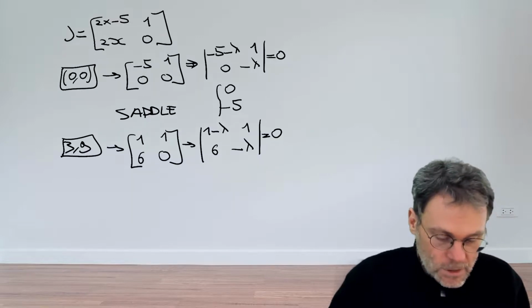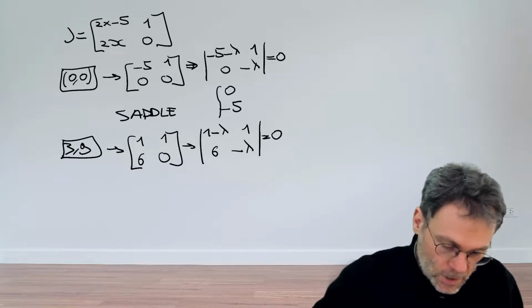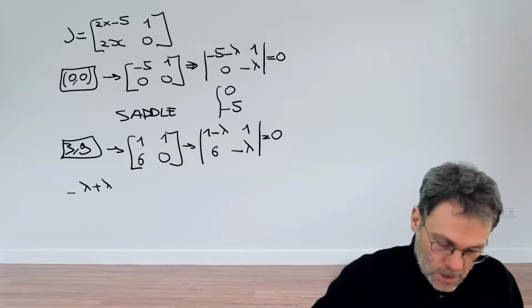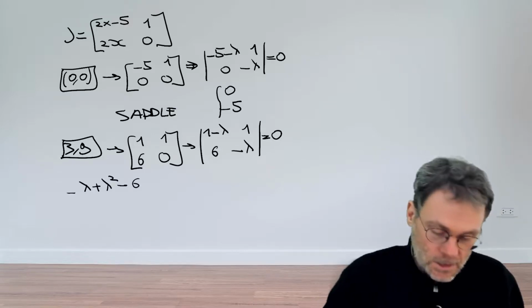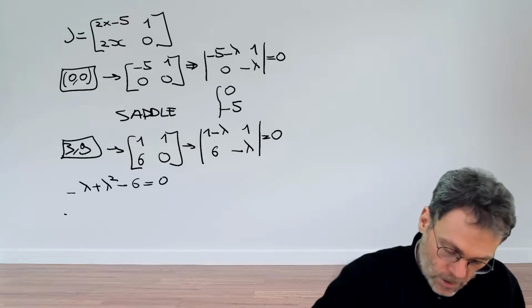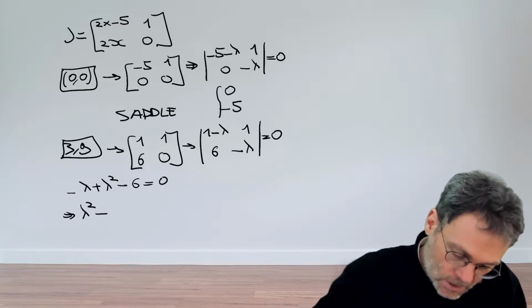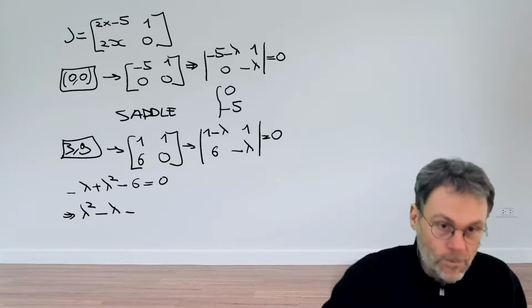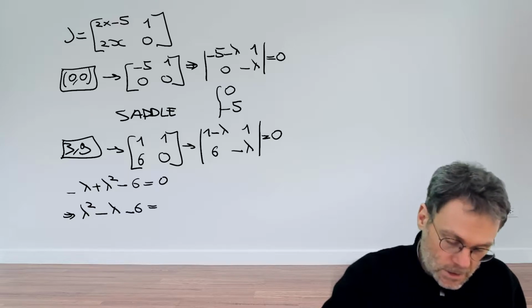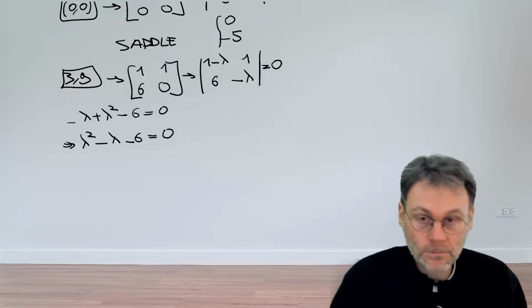And if we put this equal to 0, then we get minus lambda plus lambda squared minus 6 equal to 0. Just alphabetizing this a little bit gives us lambda squared minus lambda minus 6 equal to 0.